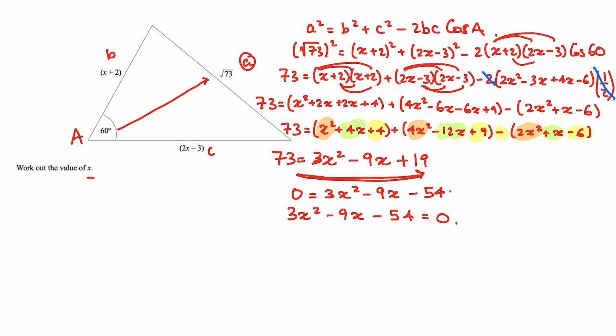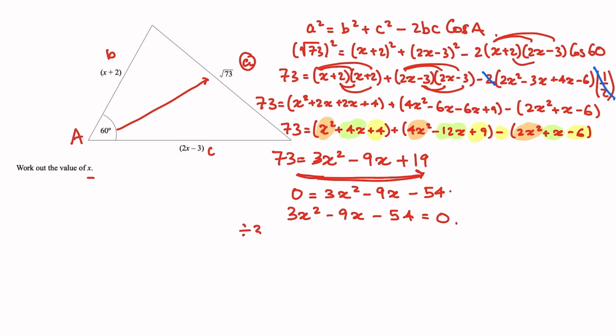So we can see that 3, 9 and 54 are all multiples of 3. You may be asking, how do I know straight away that 54 is a multiple of 3? One way to check is to add up all the digits of that number, and if the sum is a multiple of 3, then it's divisible by 3. In this case, 5 plus 4 is 9, and 9 is a multiple of 3, so we know that we can divide it by 3.